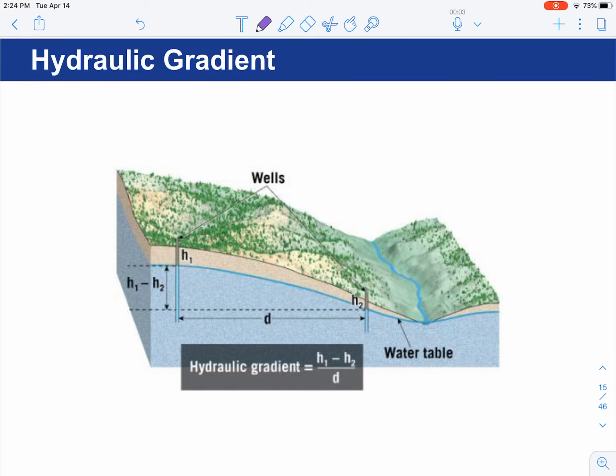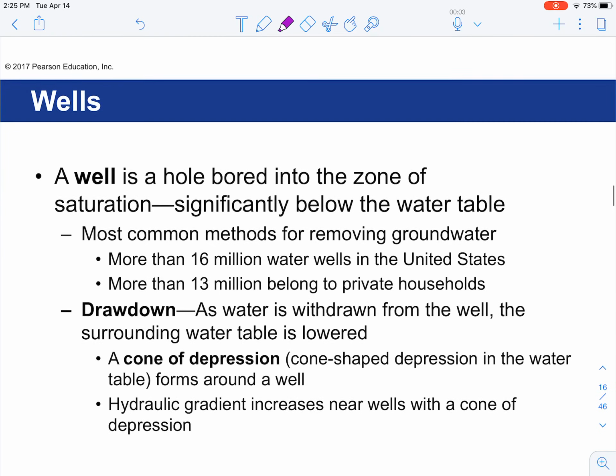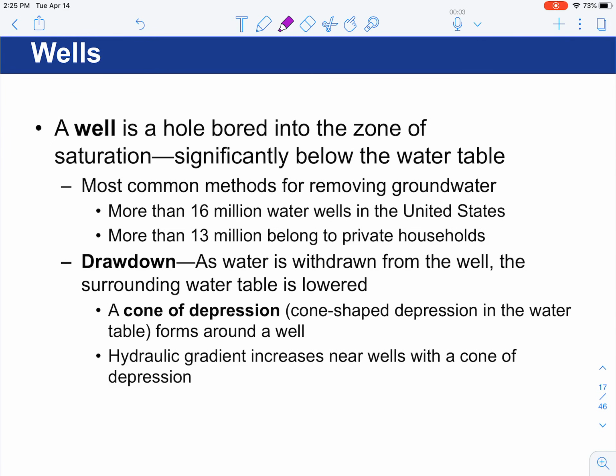Because if we don't understand the gradient underground, how are we going to understand where to access that aquifer? In other words, where to drill wells and how to get the water up and out. So wells are just a hole that's drilled into the soil and then the bedrock beneath it. And those wells are used to extract groundwater resources from the ground.